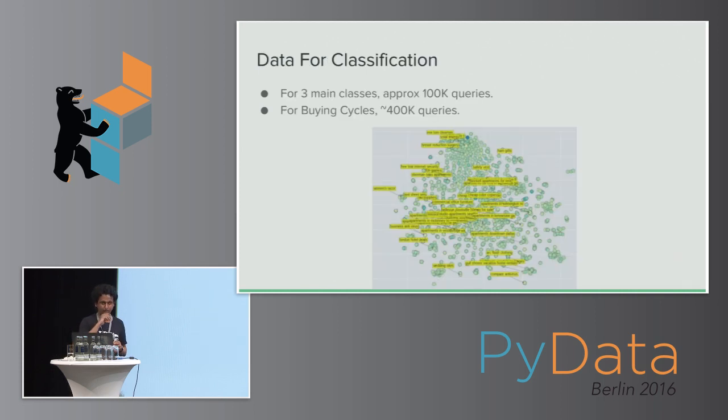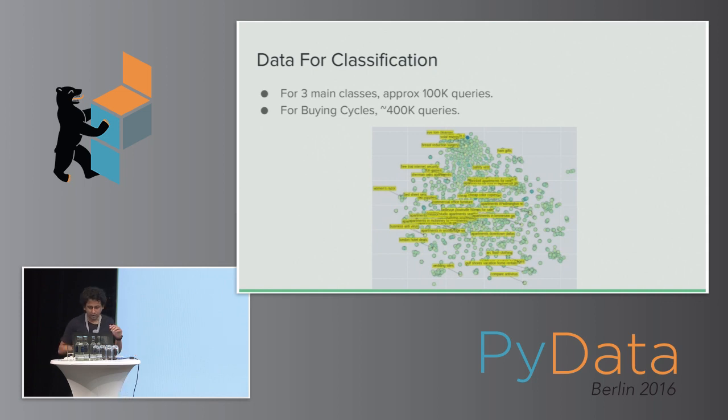So for these two different types of classification, we took only the transactional queries for the second part, and for the first part, we took like 100,000 queries for the three main classes, which were already labeled according to the rules, modifiers, and search integrations.